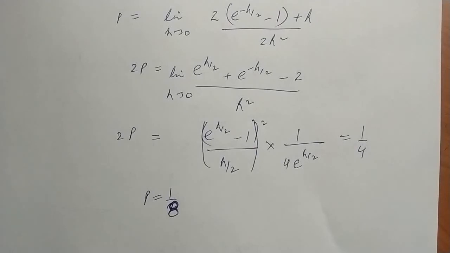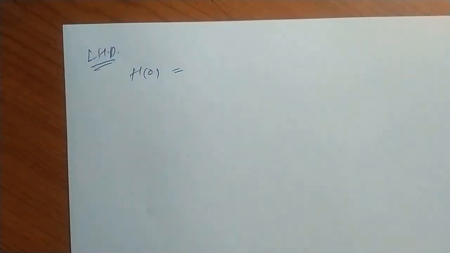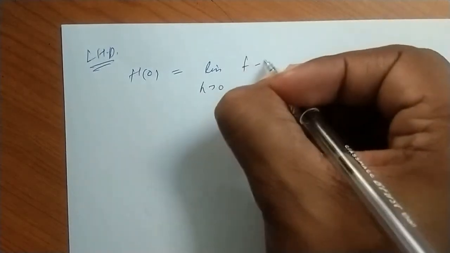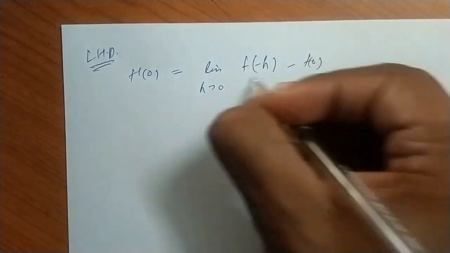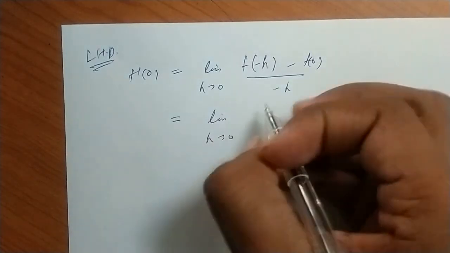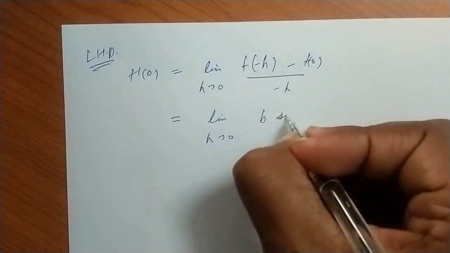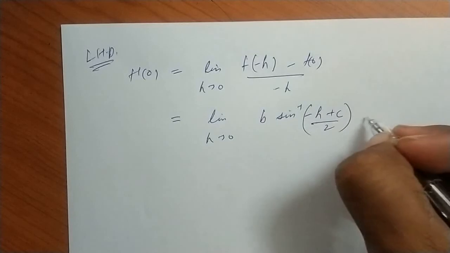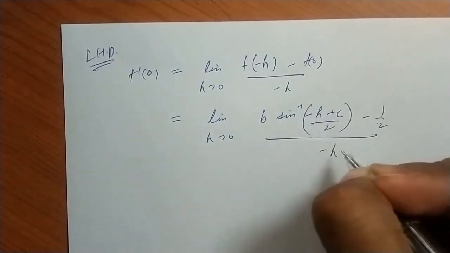Now we need to calculate LHD. So to calculate LHD, f dash 0 will be equal to limit h tends to 0 of f of minus h minus f0 upon minus h, which will be limit h tends to 0 of (b sin inverse of (minus h plus c) by 2, minus half) upon minus h.